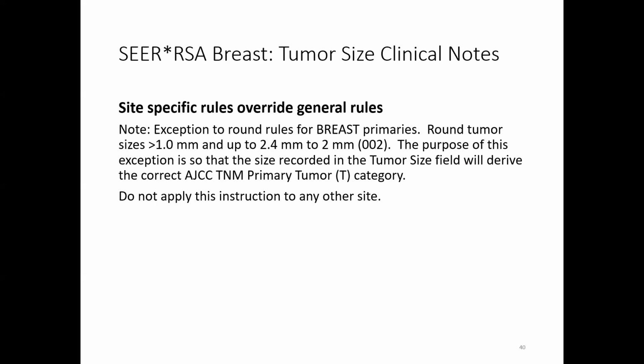So for breast, there is an exception to rounding rules that you are going to round the tumor sizes that are greater than 1.0 millimeter up to 2.4 millimeters. You're going to round that to 2 millimeters or code 002 for your tumor size. The purpose of this exception is so that the size recorded in the tumor size field will derive the correct T category. So do not apply this to any other site.